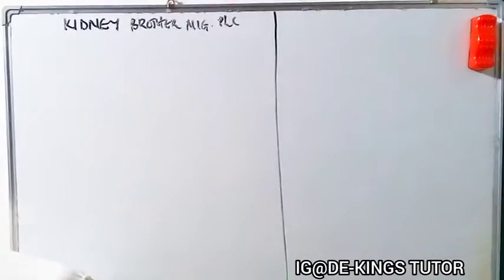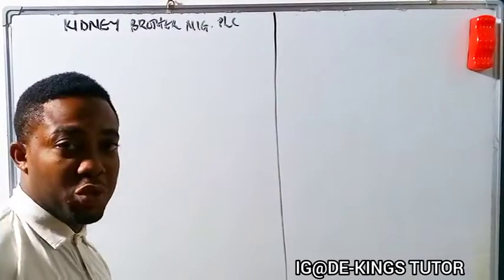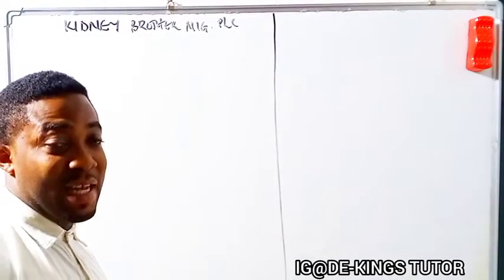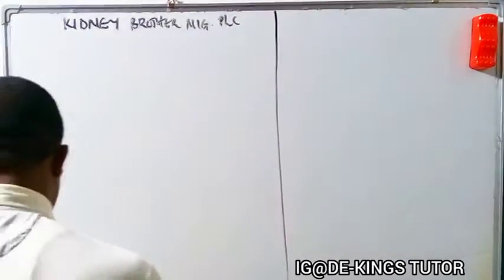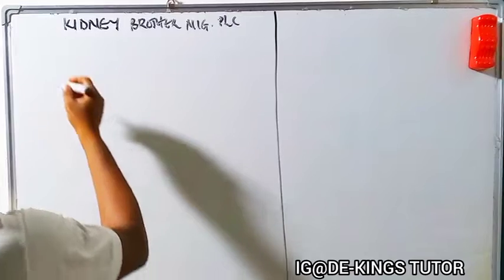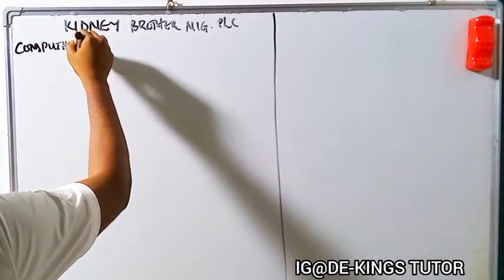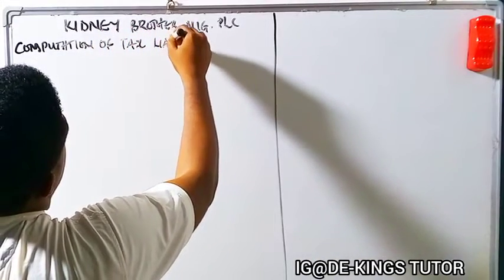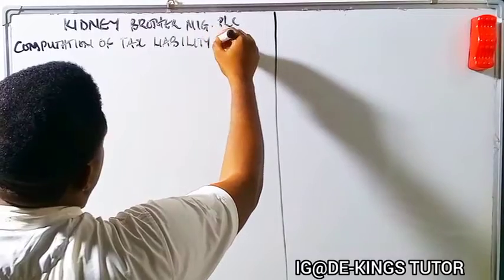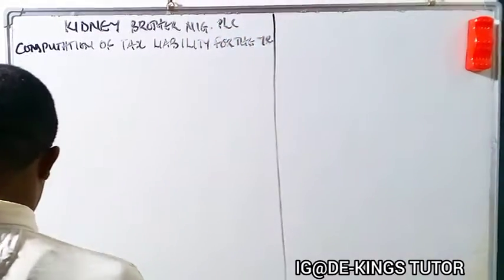In this, the question said we should compute their tax liability and bear in mind the double taxation relief. Now the first thing we're going to do is to write: Computation of tax liability for the year.